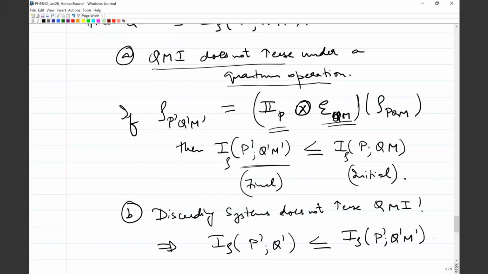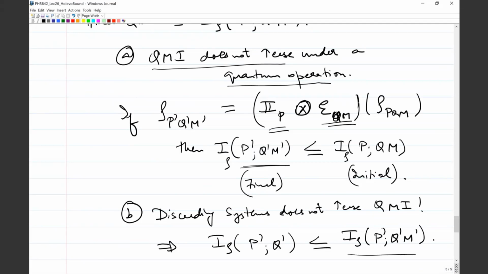When is it equal? That's the case we just saw, right? When M is just a tensor product with P. But notice that this final state is not like that, right? The final state is something where there is non-trivial correlation between the Q prime and the M prime, and you're discarding that.